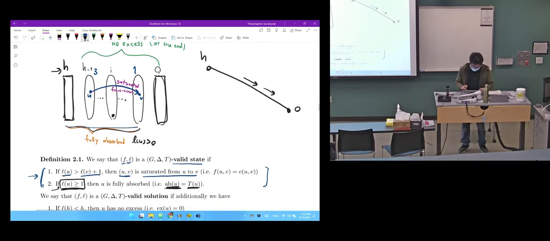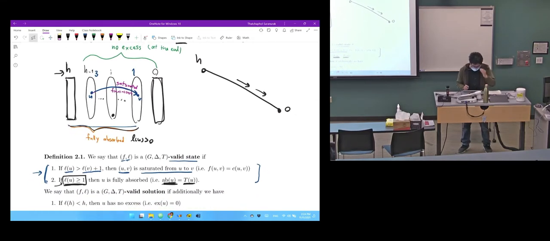And now, the next thing is that at the end, we will say that F and L is a valid solution if additionally every node that has level below H will have no excess.